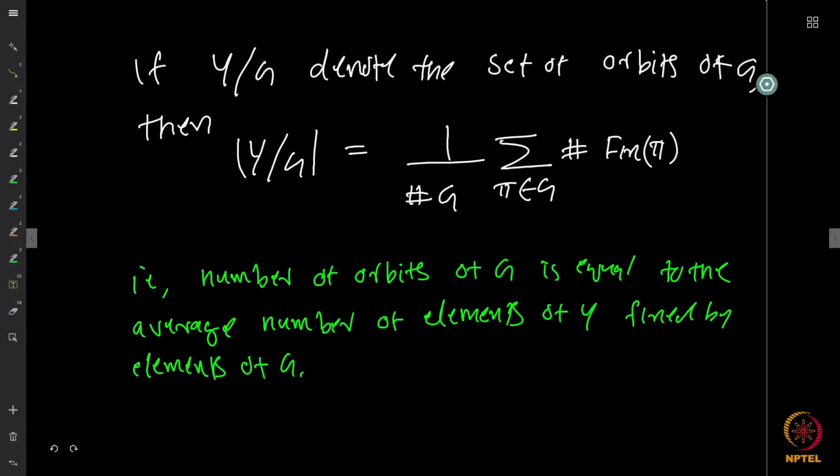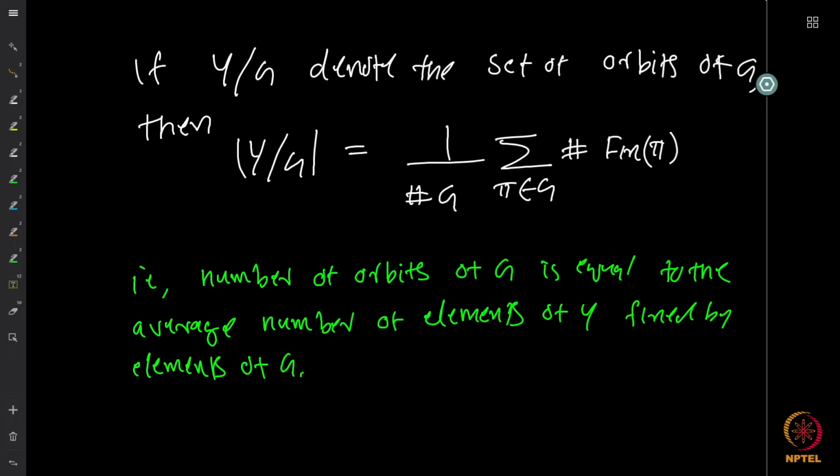Now, the lemma says that if Y mod G denotes the set of orbits of G. Okay, so what is the orbit of a group acting on a set? When you look at the G equivalence classes, right?